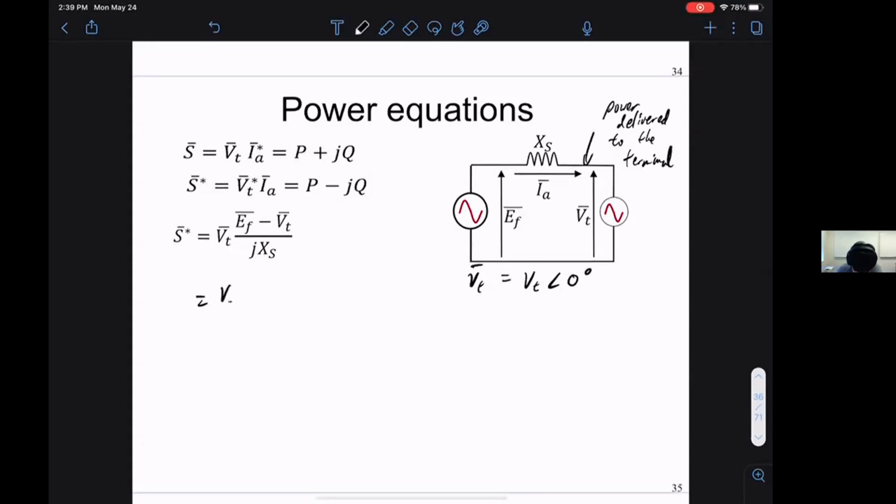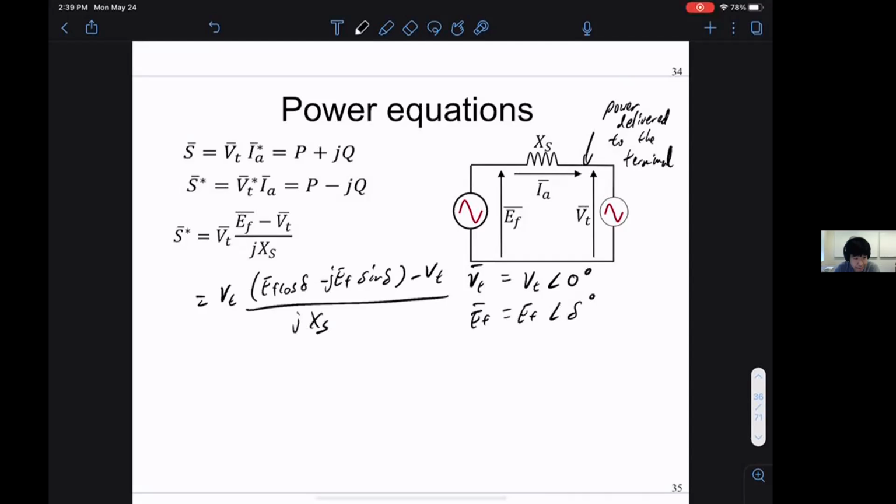So if you look at this equation, this is just VT. And then we can expand EF. This is EF cosine delta. So EF is EF angle delta degrees, cosine delta minus EF sine delta, minus VT, divided by JXS. So we can work out what this equation is.